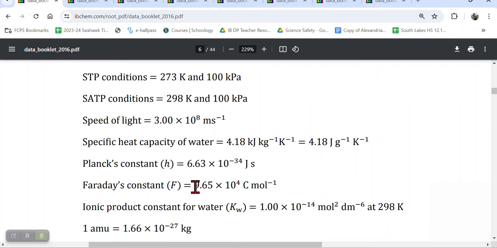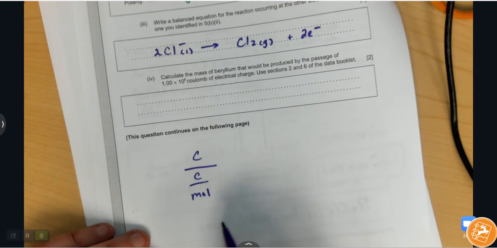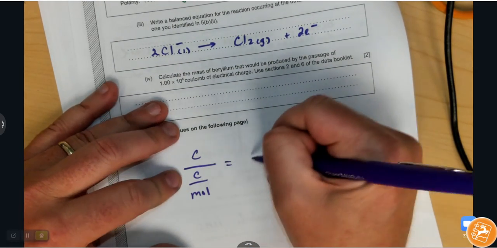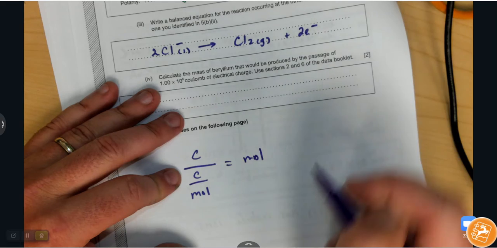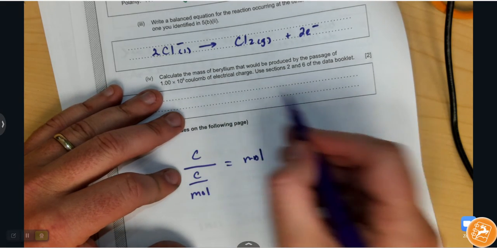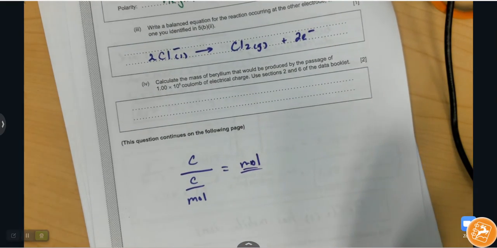Well, if I'm given coulombs and I divide by Faraday's constant, which is coulombs per mole, and you do all the math, the coulombs will cancel and you'll be left with a unit of moles. Well, if we want the mass, knowing the number of moles is useful.